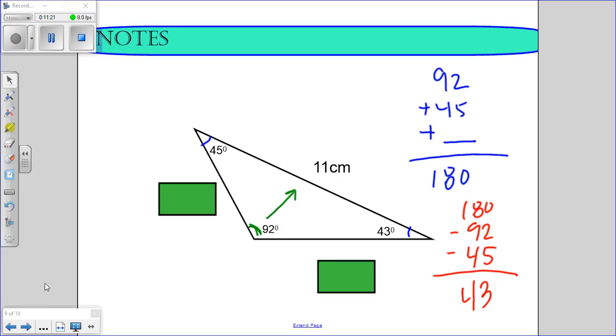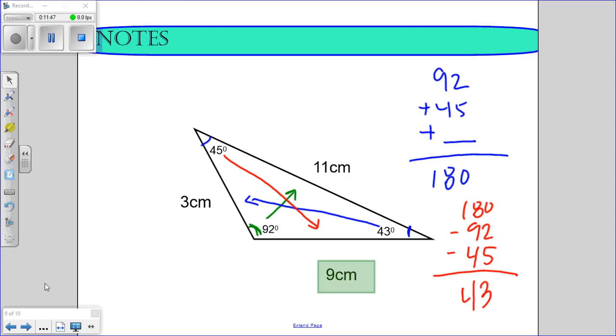So if 43, this one over here, is our smallest angle, that means that this side that it looks at has to be the shortest side. It has to be the smallest number here. Okay, so then 45, it looks at this side, so this one is going to be in the middle because 45 is between 43 and 92. Okay.